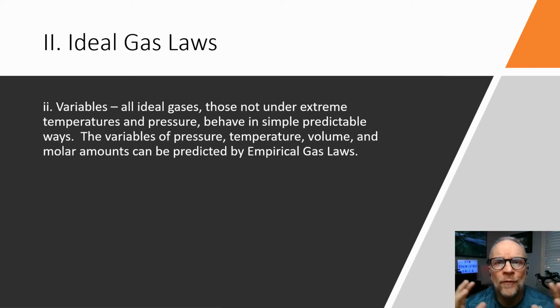They are moving freely and colliding freely, and the collisions are said to be elastic, which means that they don't lose any energy. Because of these factors, the variables of pressure, temperature, volume, and the molar amounts of the gases can be easily predicted by these empirical gas laws.